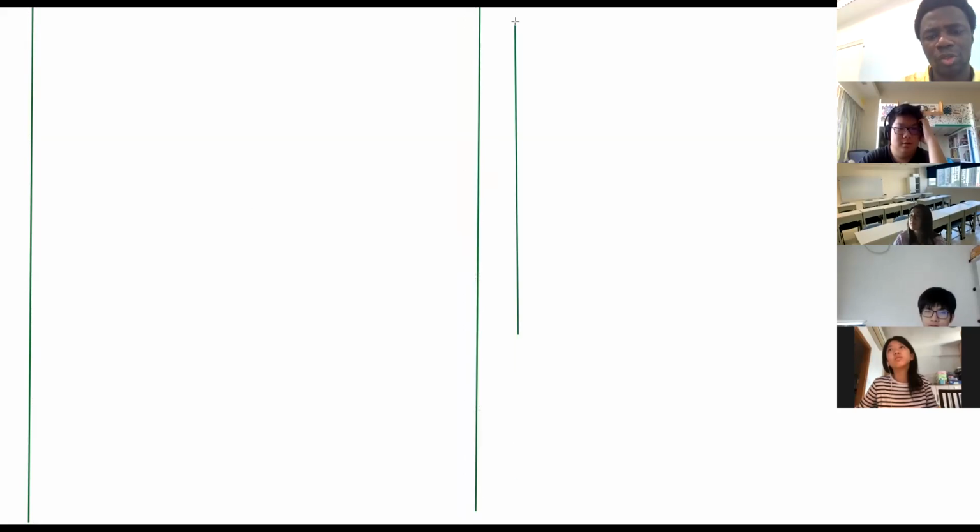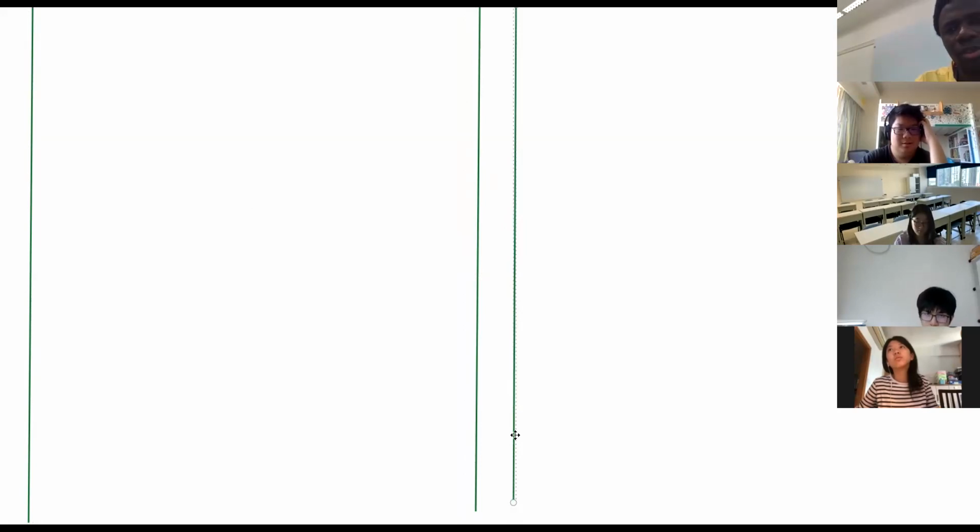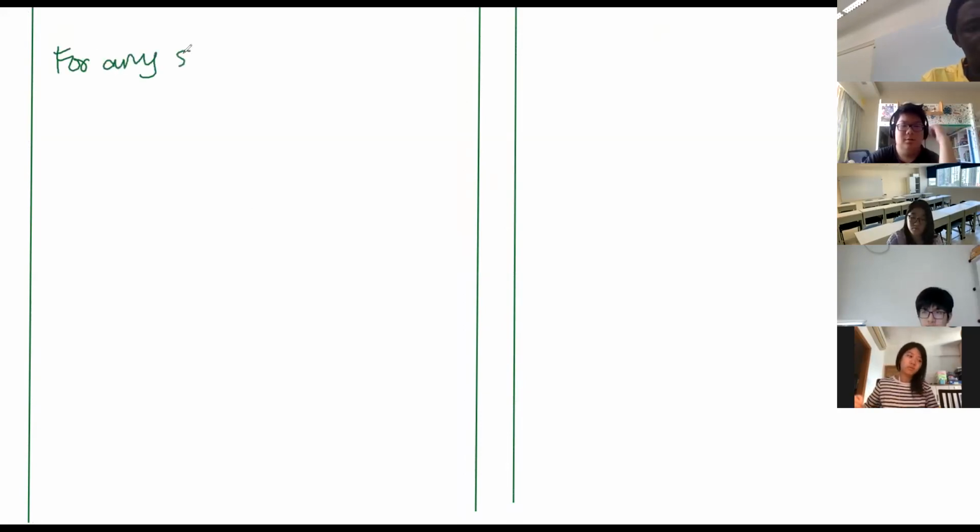So I'm going to introduce about 3 to 4 symbols for the nth term. So I'm just going to continue from that point. Okay. So for any sequence, you can use any of the symbols.